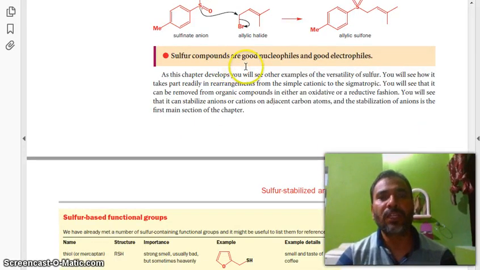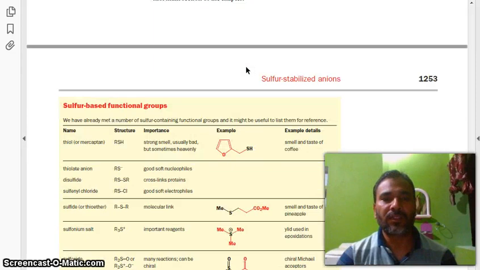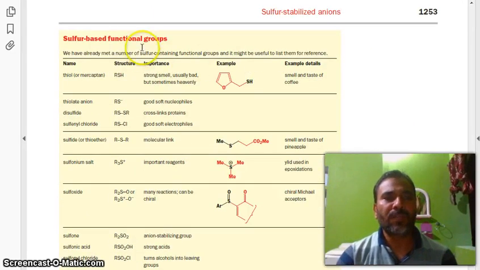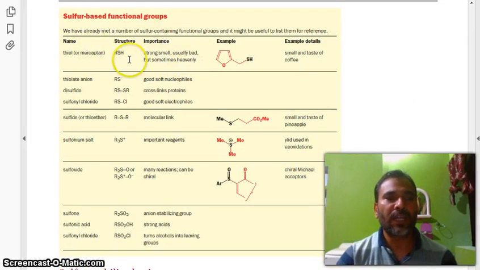So sulfur based functional groups: thiols RSH, thiolate anion RS minus, disulfide RSSR, sulfenyl chloride RSCl, sulfide RSR, also called thioether, sulfonium salt R3S plus, sulfoxide R2SO, sulfone R2SO2, sulfonic acid RSO2OH, sulfonyl chloride RSO2Cl.